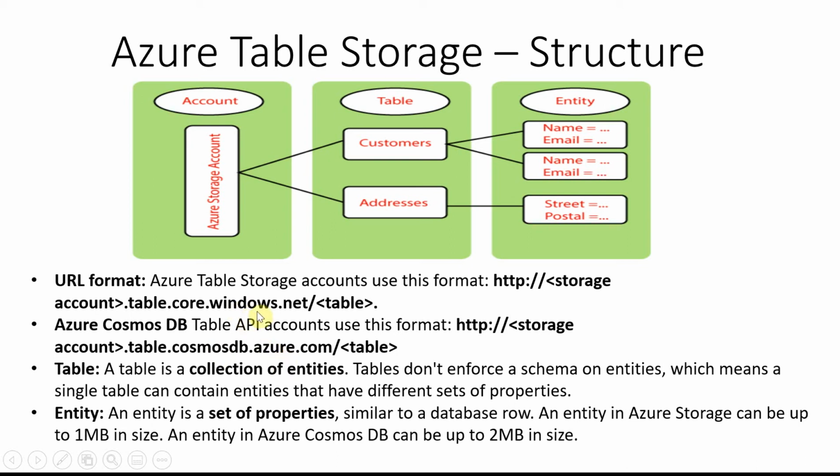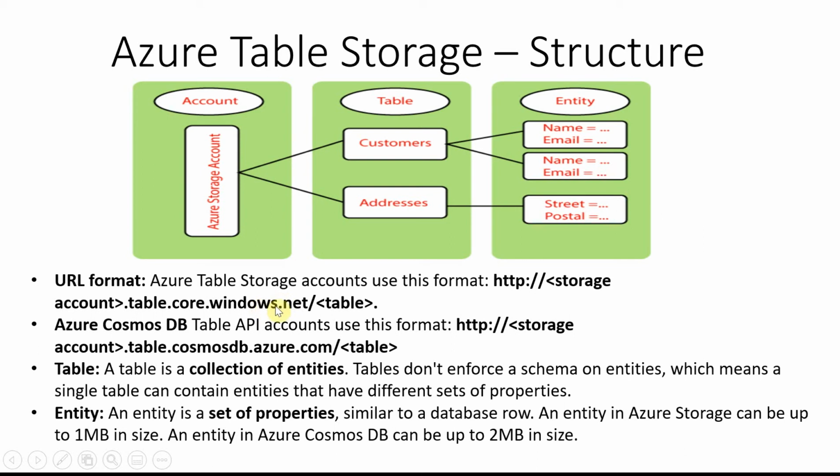One thing you need to notice: all the older versions will have windows.net. For example, storage is something which was there initially when Azure started. Just to give a history, initially it was not called Azure. It was called Windows Azure.